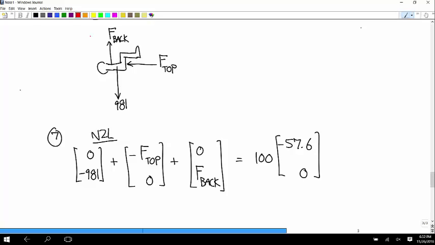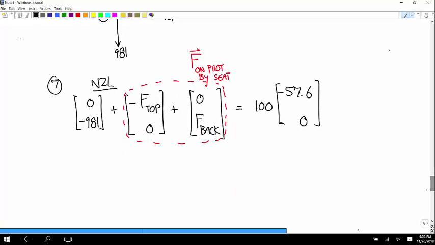And what we're trying to calculate is, if we add up these two vectors together, that's the force vector on the pilot by the seat. We just have to figure out what those two variable values are. So the x equation says negative F top is equal to negative 5,760.